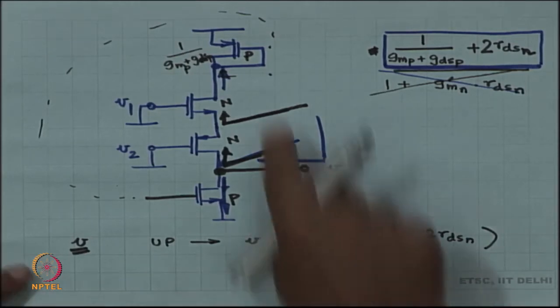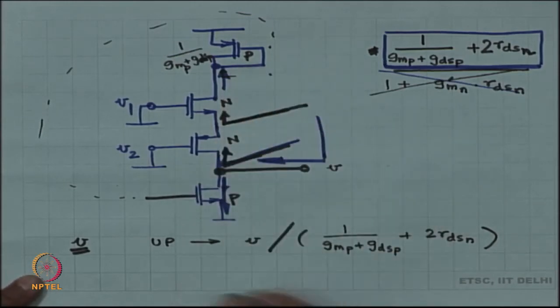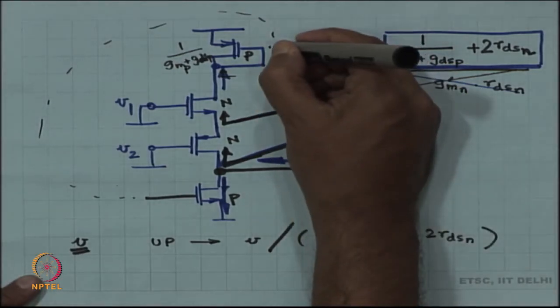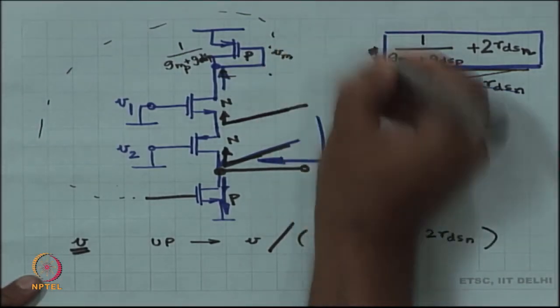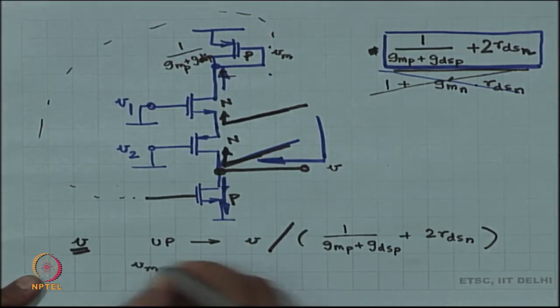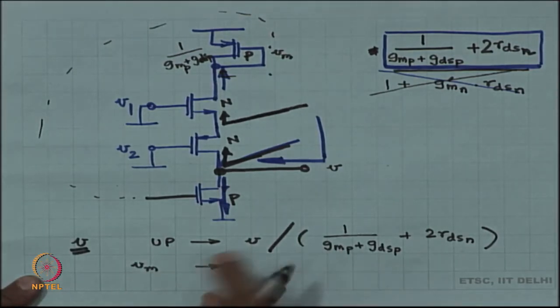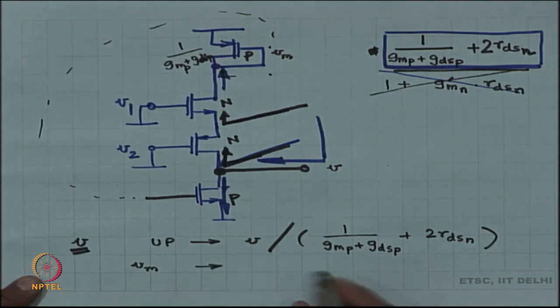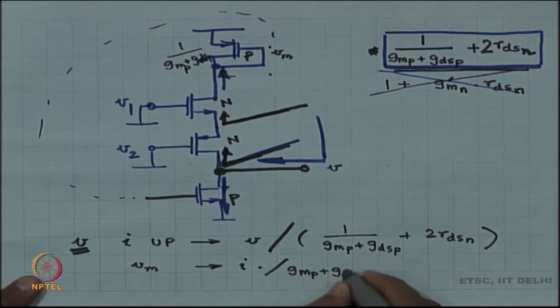Okay. The voltage at the gate, let us call it V mirror, is this current times that impedance. That is the voltage at the mirror.